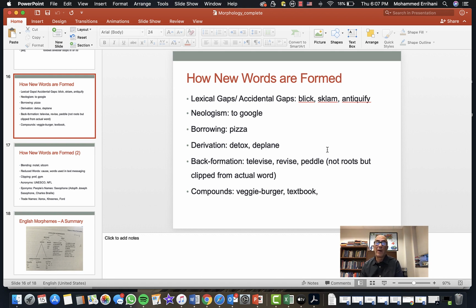Then we have back formation. Back formation means that a new word may enter the language because of an incorrect morphological analysis. For example, the word peddle was derived from peddler on the mistaken assumption that er was the agentive suffix, someone who does something.